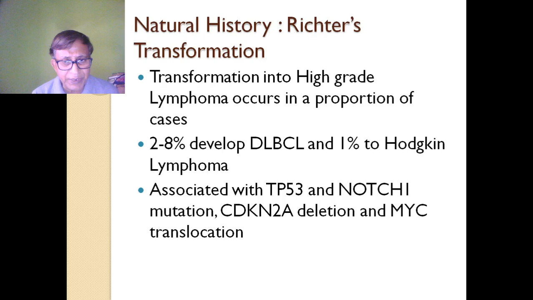What are the variables? Peripheral blood lymphocytosis, lymphadenopathy, hepatomegaly, splenomegaly, anemia, thrombocytopenia. So, in management of the leukemia, this is important.